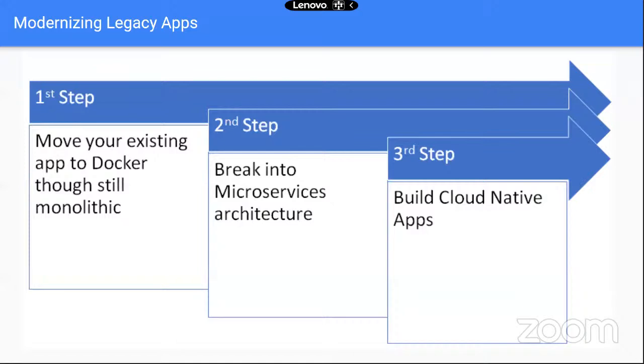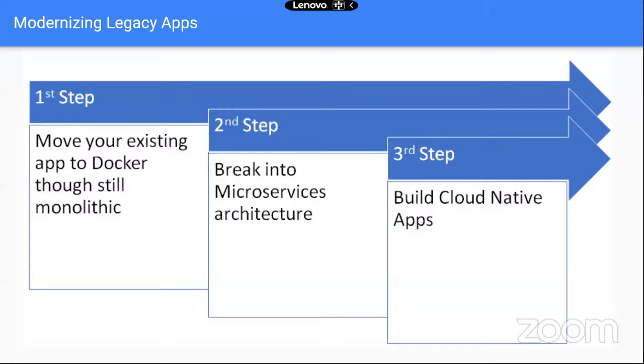Breaking the application into a microservices architecture gives you the flexibility that each component can be upgraded on its own update frequency cycle, independent of the other components. So the second step is to break your application into a microservices architecture.